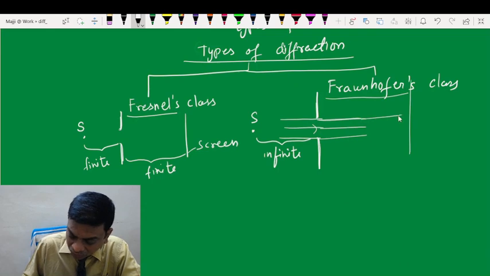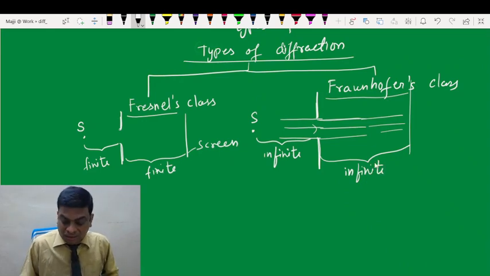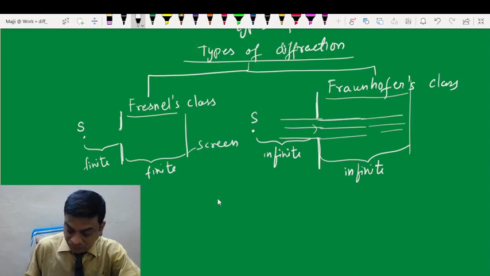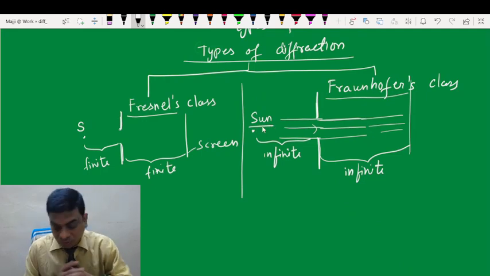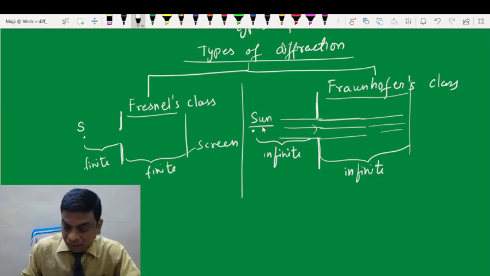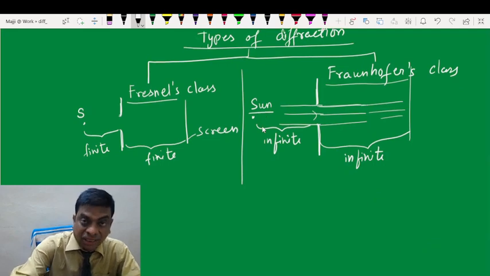So it follows that even the screen should be at infinite separation from the plane of the aperture or the obstacle. So in most of the cases, he used to take the sun as the source. This way we have two types of diffraction.